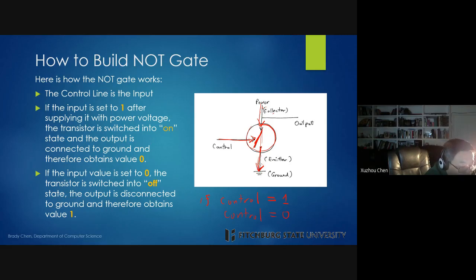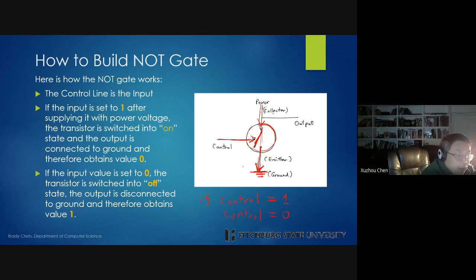The emitter, or the output, you can actually ground. What does ground mean? Logic 0.